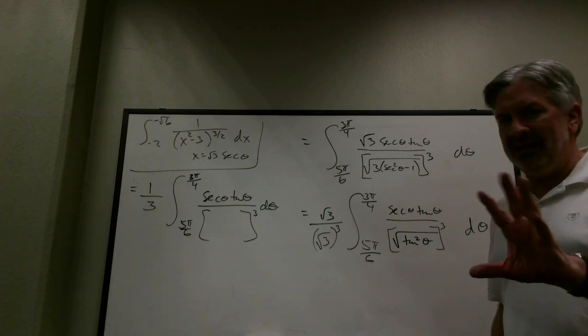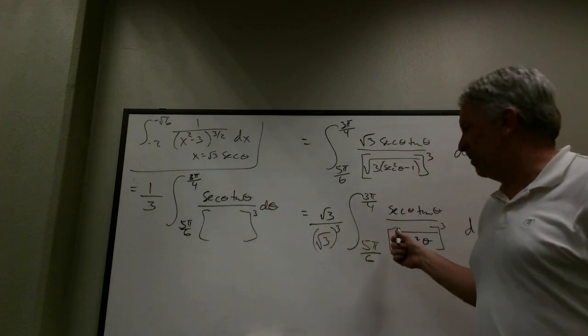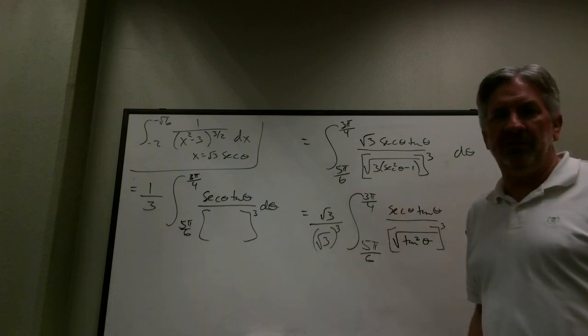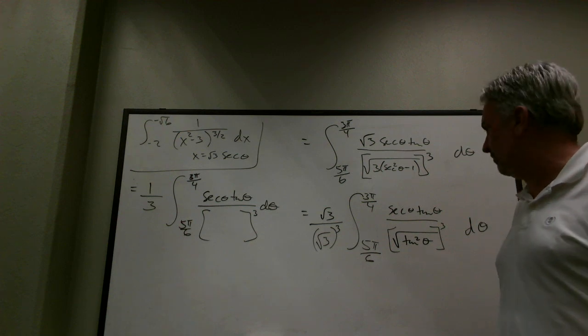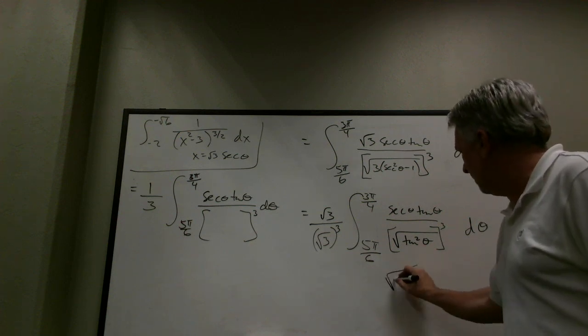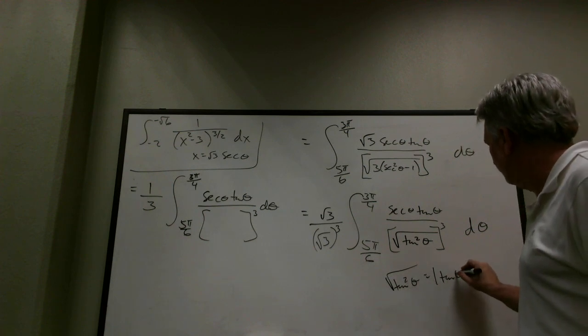Even though we had that issue, when you let x be secant in the trig substitution, remember the tangent was fishy. But we have a definite integral here, so we can actually be careful. Okay, let's look at the square root of tan squared. We talked about this before. The square root of tan squared is the absolute value of tan.